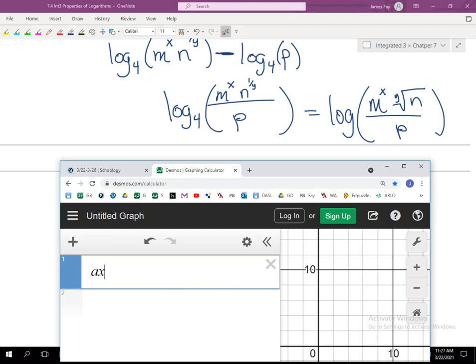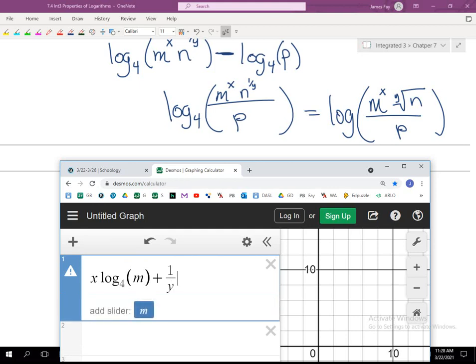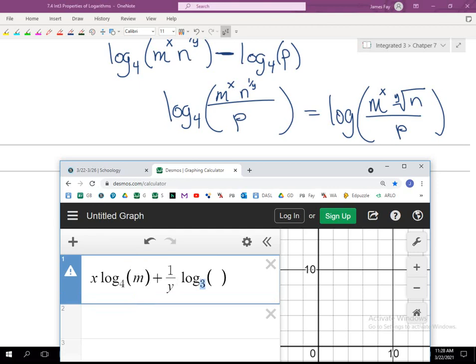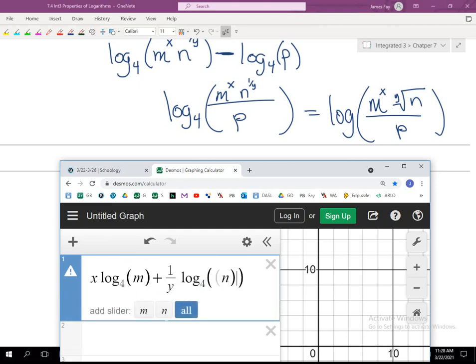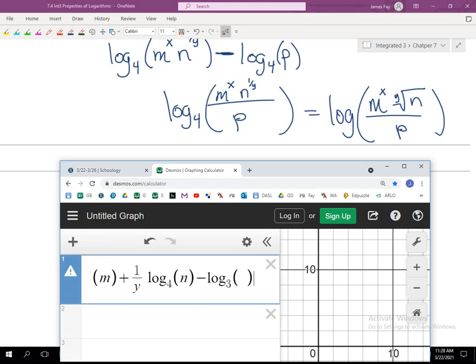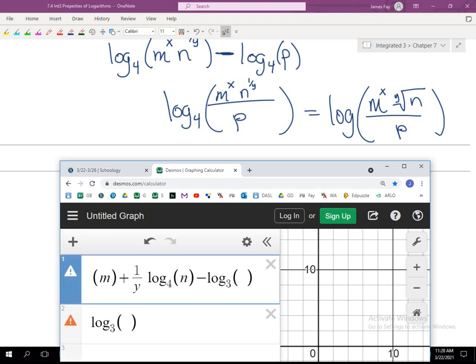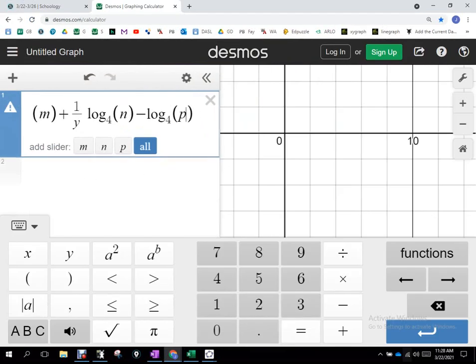So it started with x log base 4 of m plus 1 over y log base 4 of n minus... all right, so that's what we started with, right?